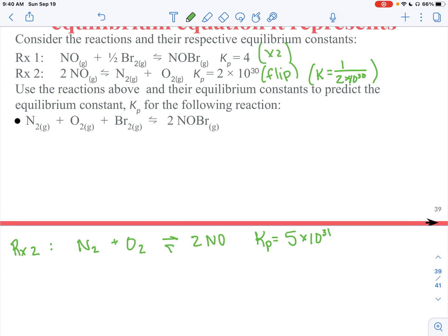So we end up with 2NO plus Br2 gives 2NOBr, and our Kp, so K is going to be 4, and since we multiplied the reaction by 2, it will be 4 to the second power. So that's going to be 16.